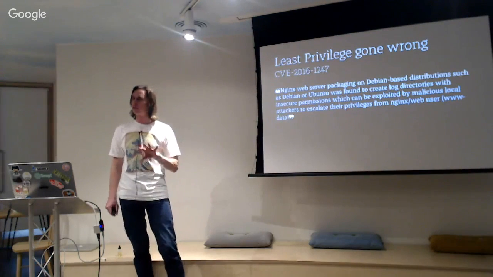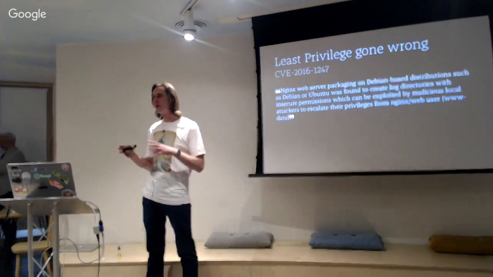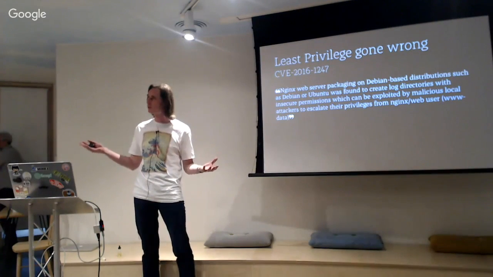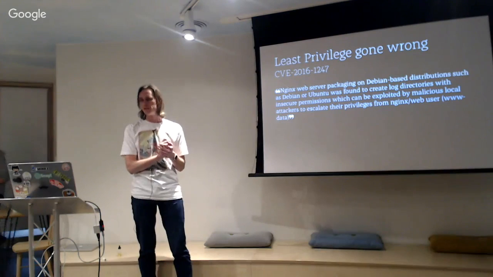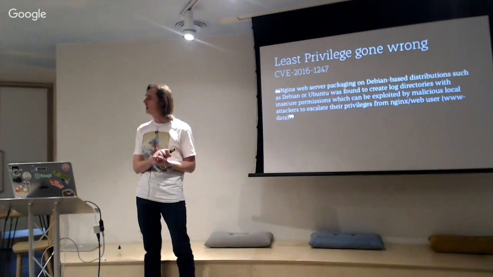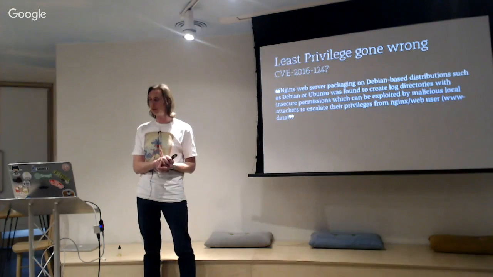I'm going to show you an example in a moment of just how privilege can go wrong. This is an interesting vulnerability that was found in Nginx, and it is quite recent.